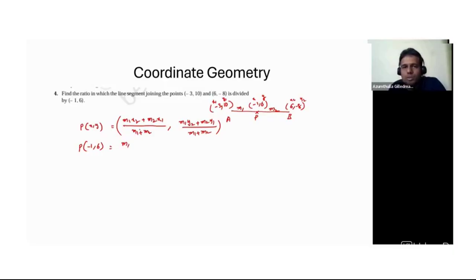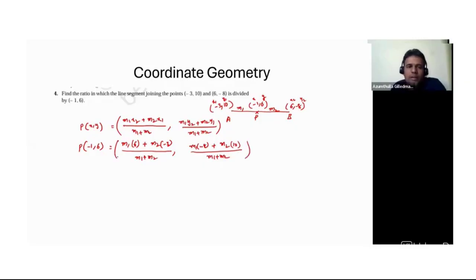What is x2? x2 is 6. So m1 into 6 plus m2, we don't know. And then what is x1? -3. Signs are important, guys. Okay. Then m1 and m2 we don't know, so let's keep as is. And then m1, what is y2? y2 is -8. Right? m1 into -8 is -8m1 plus m2 into what is y1? y1 is 10, by m1 plus m2.